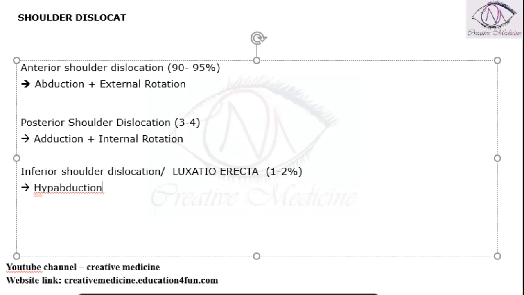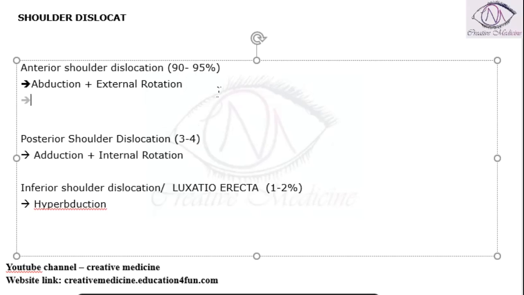Now, what are the causes of these three? First, anterior shoulder dislocation mainly occurs due to vigorous throwing of the ball.